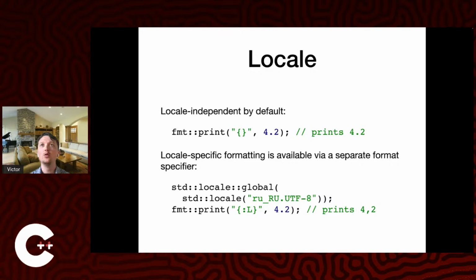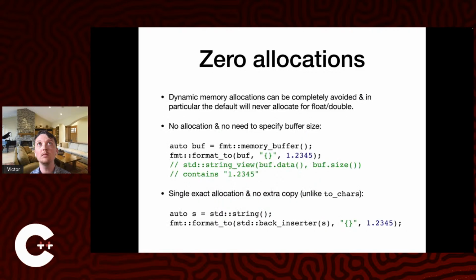For example, here, in some locale, it will replace the decimal point with a decimal comma. Dynamic memory allocations can be completely avoided for common cases. Additionally, it's not necessary to specify the buffer size, which is different from to_chars. So we can get a single precise allocation and no extra copies. You can't do it with to_chars.